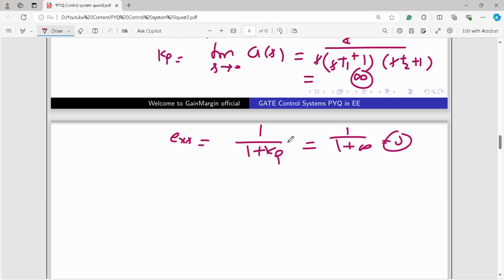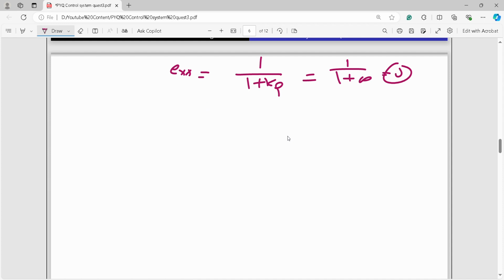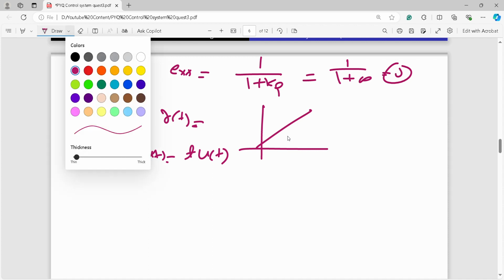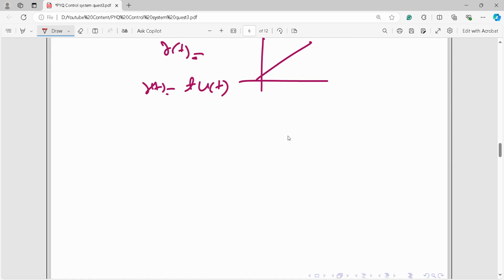If you change the input to a ramp input, r(t) equals t u(t). Let me change the color. So this is my t, this is my r(t). For this, what is the velocity error constant? Limit s tends to 0 of s G(s).